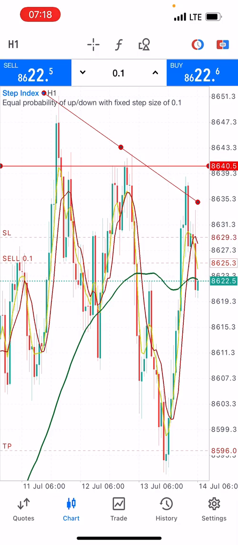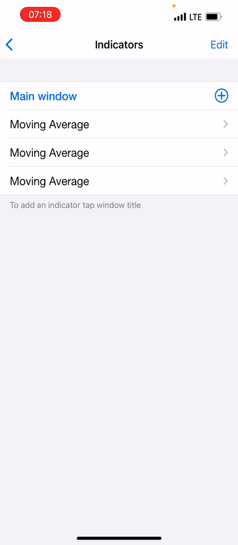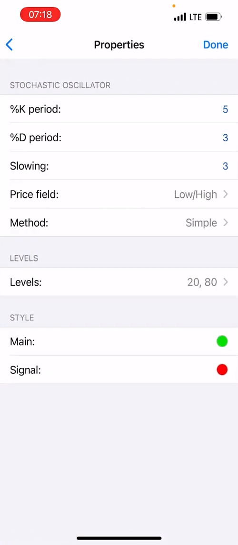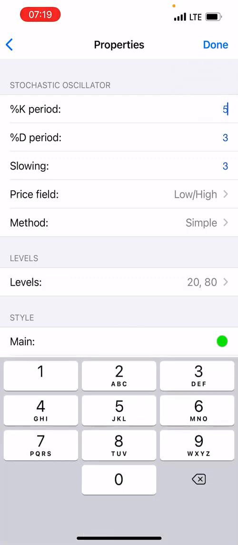Okay, so we're done with that. But right now, we're going to need 1 or 2 more indicators, which will be the stochastic oscillator. Yeah, so for the K period, you just make everything 1, 1, 1, so we don't really need them.